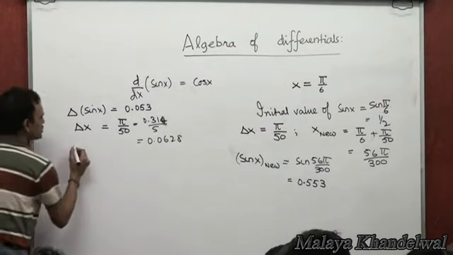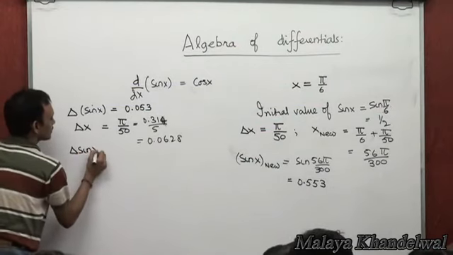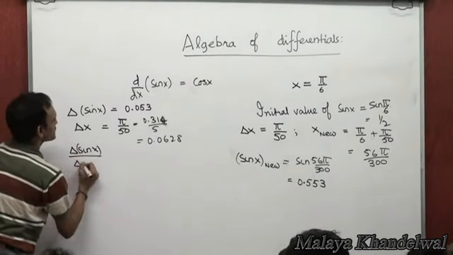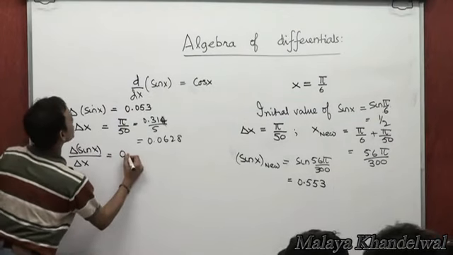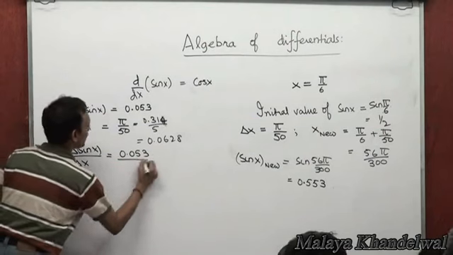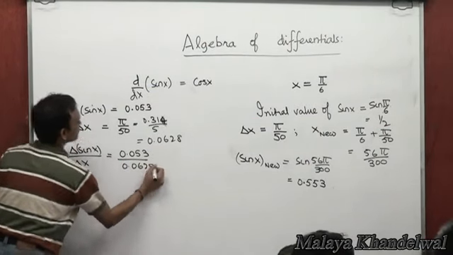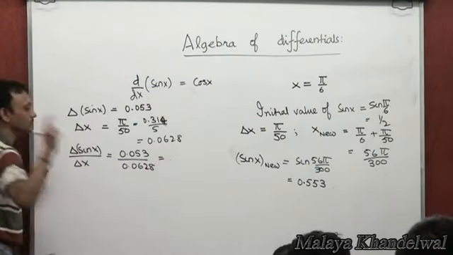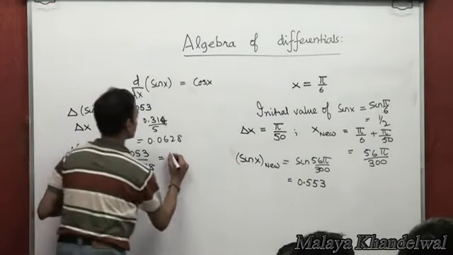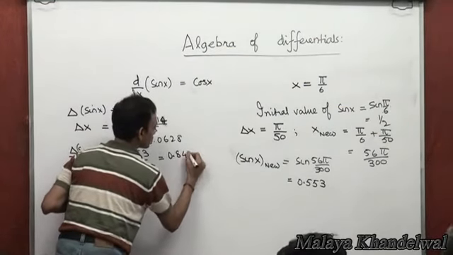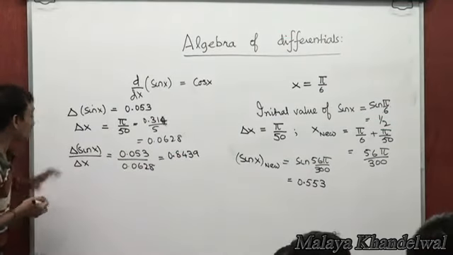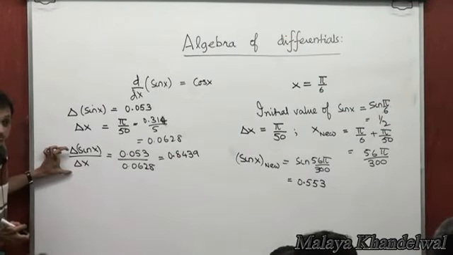Now, change in sin x divided by change in x. Can you just calculate this? 0.053 divided by 0.0628. 0.8439, right?